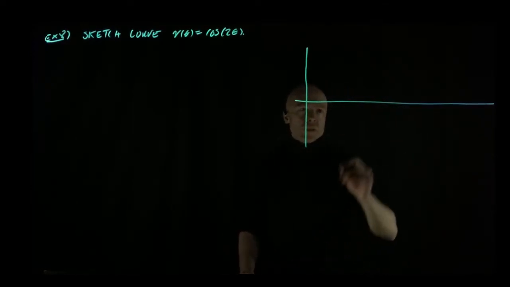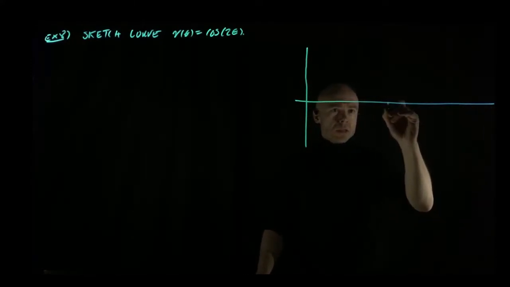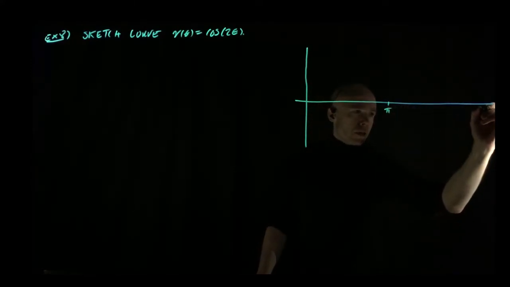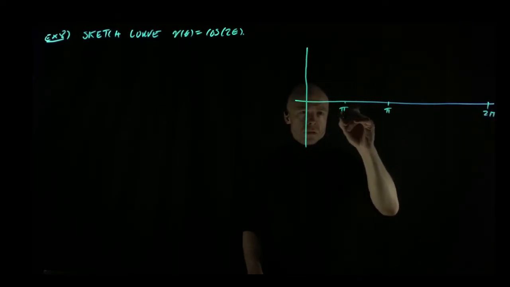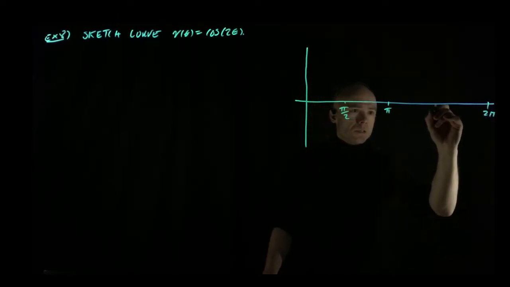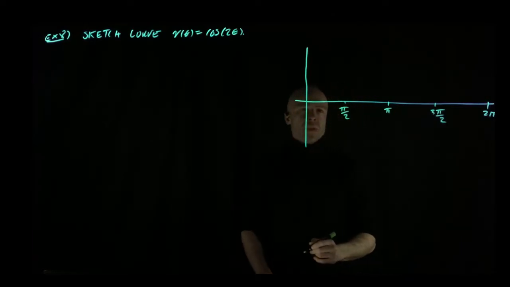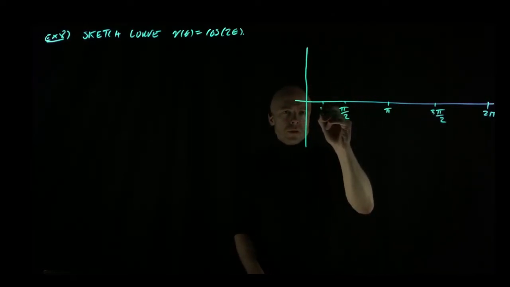So let's make this pi. This is 2 pi. This is pi over 2. This is 3 pi over 2. And this is pi over 4.